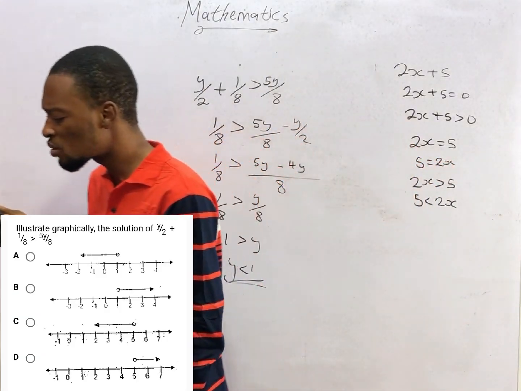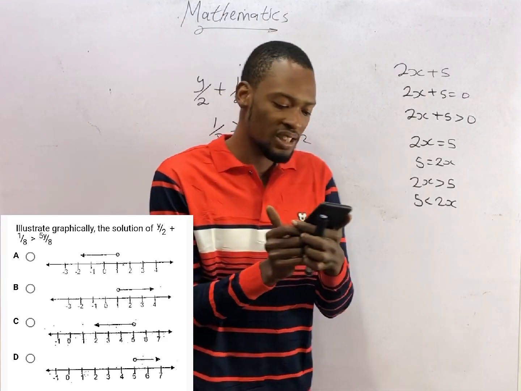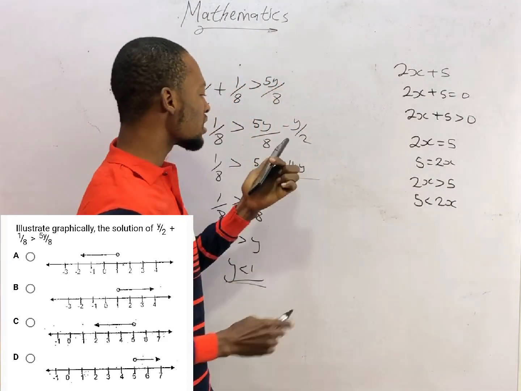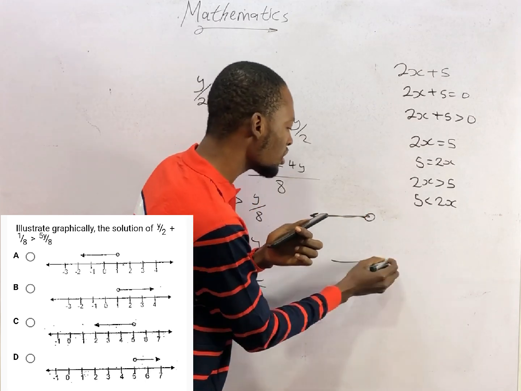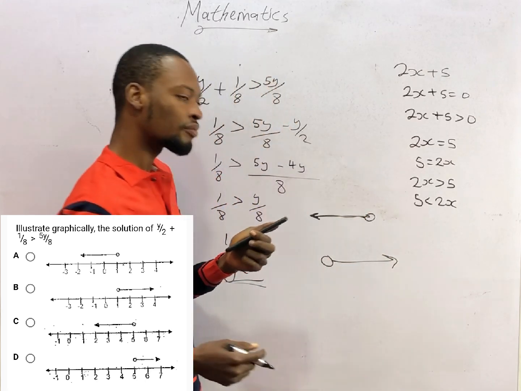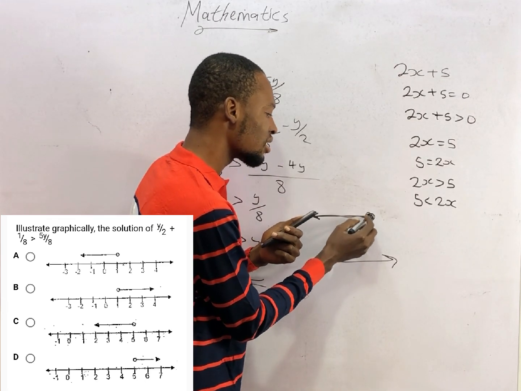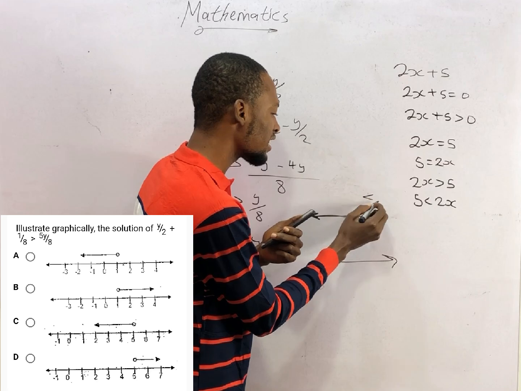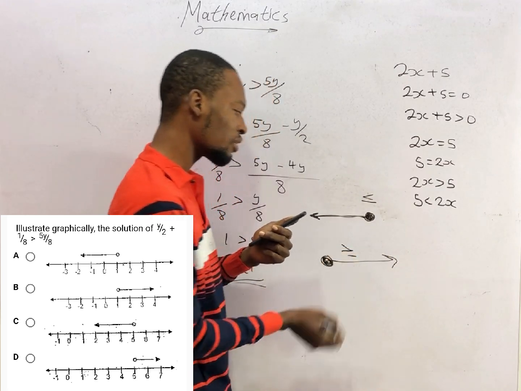Which of them shows y lesser than 1? Now, given this inequality graph, as you can see on the screen, when the arrow is going this way, it is lesser than. If the arrow is going this way, it means it is greater than. Anytime you see the tip of the arrow shaded, it shows lesser than or equal to; if shaded like this, it means greater than or equal to.